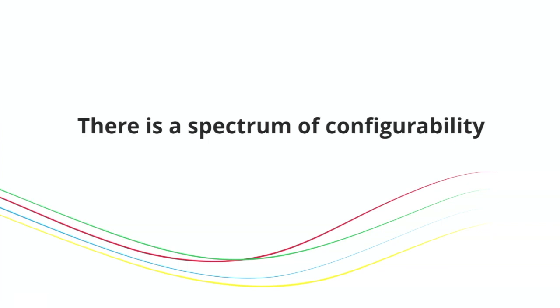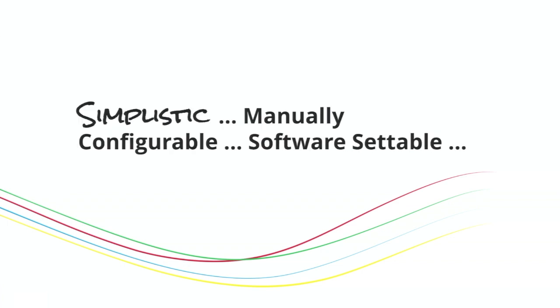Now this gives us a spectrum of configurability that we talk about. You have a simplistic one where it's just a bench seat, nothing you can adjust. Then you have a manually configurable one, where you adjust it every time. And then we are at that third level, the software settable, where it remembers the setting and you select driver 1 and it does it itself, right?